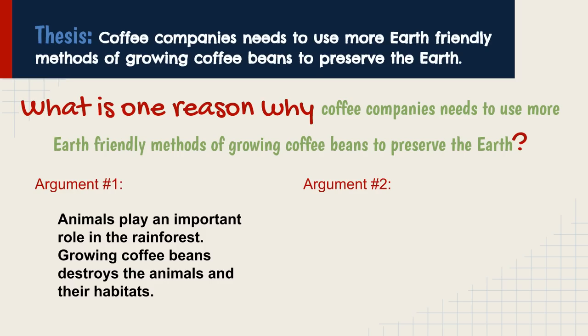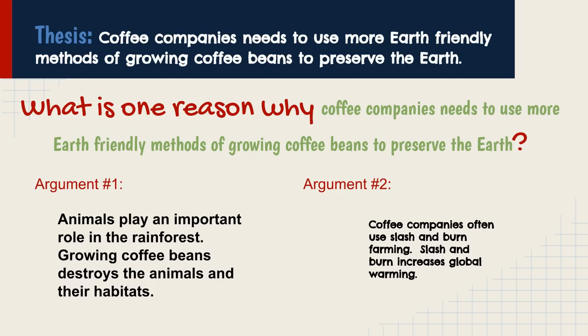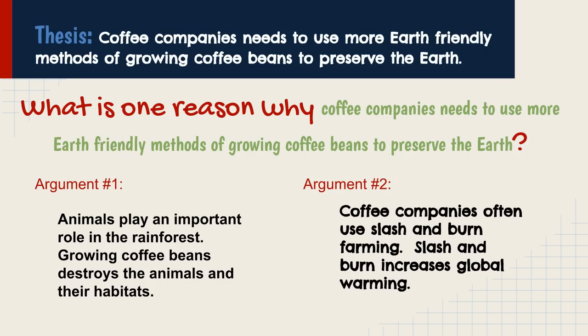Now, if they're burning and chopping down the trees, they're adding a lot of carbon dioxide to the air. And oh my goodness, that will add to global warming and will really hurt the earth. So my second argument is going to be coffee companies often use slash and burn farming. Slash and burn increases global warming.